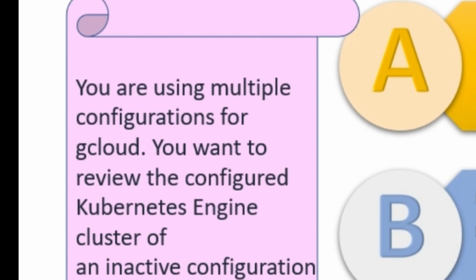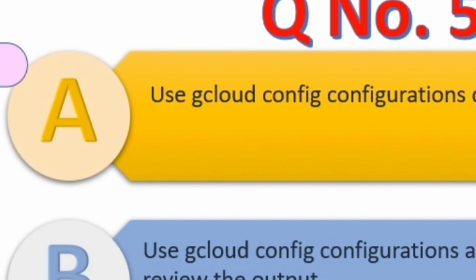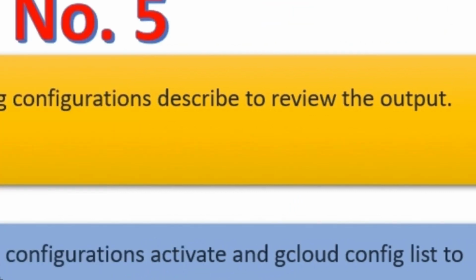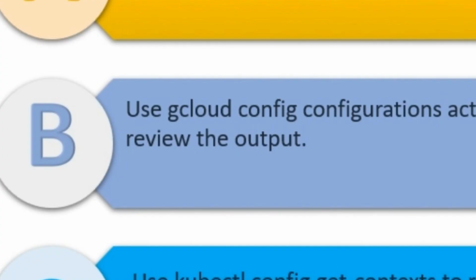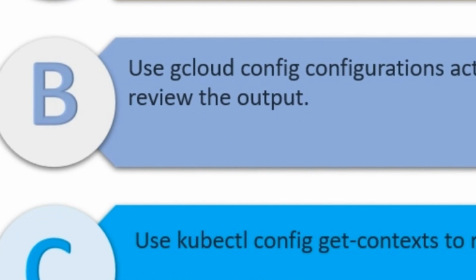Question number 5. You are using multiple configurations for gcloud. You want to review the configured Kubernetes Engine cluster of an inactive configuration using the fewest possible steps. What should you do? Option A, use gcloud configurations describe to review the output. Option B, use gcloud configurations activate and gcloud config list to review the output.